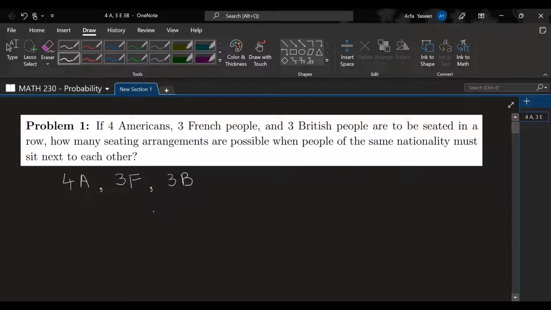And it says that the same nationality must sit together. So for that, we'll have 3 factorial.